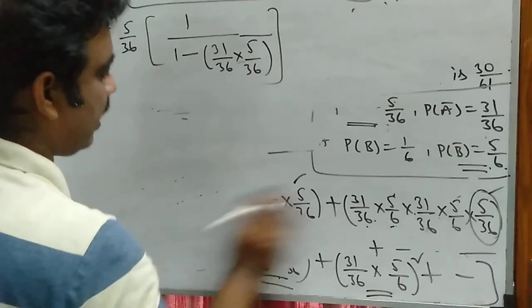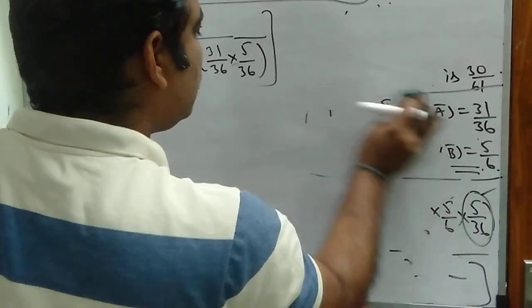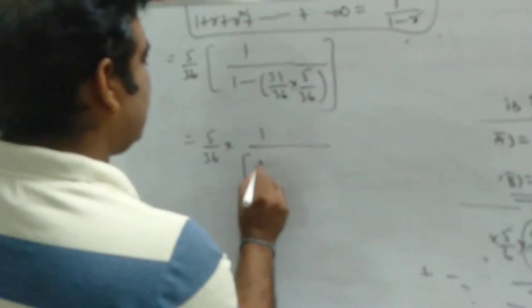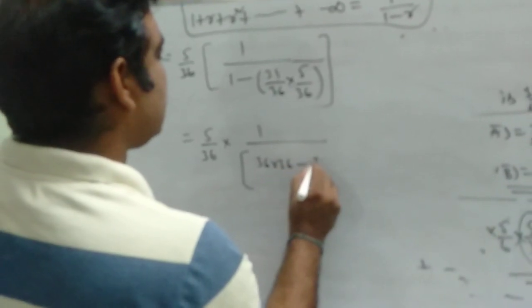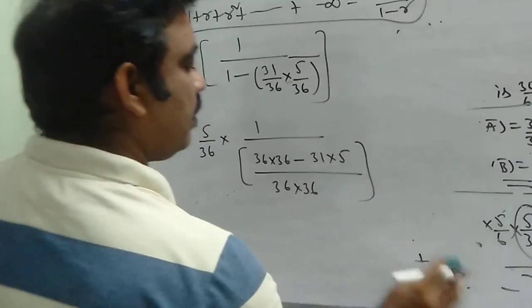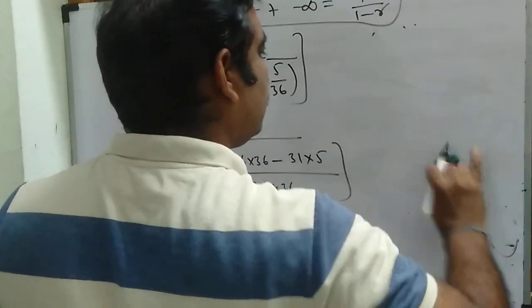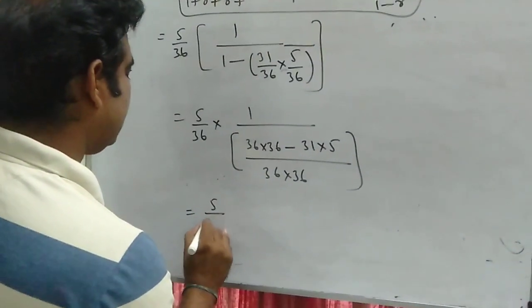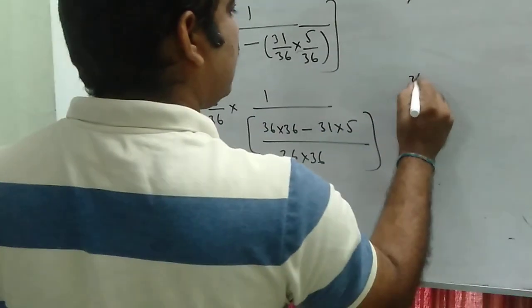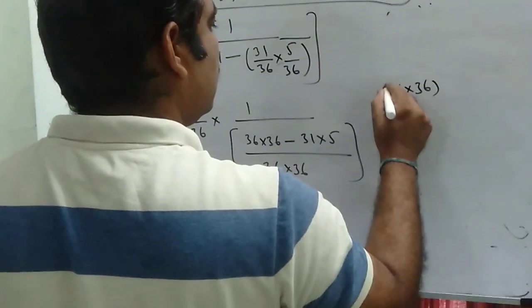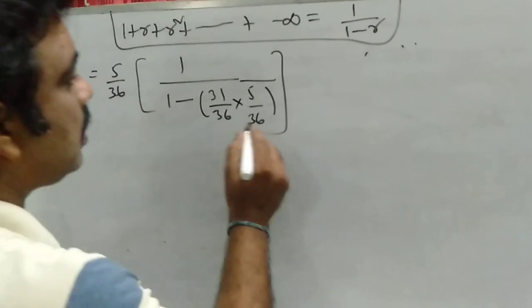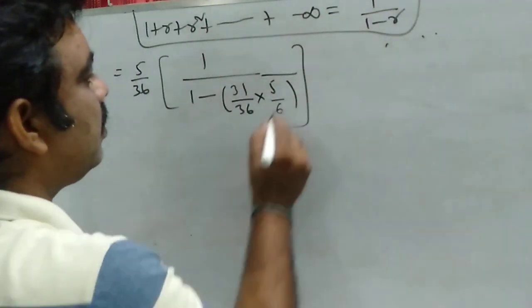Simplifying, this is 5 by 36 into 1 by 1 minus 31 into 5 by 36 into 6. Sorry, it is not 36, it is 6, 5 by 6, am I right?